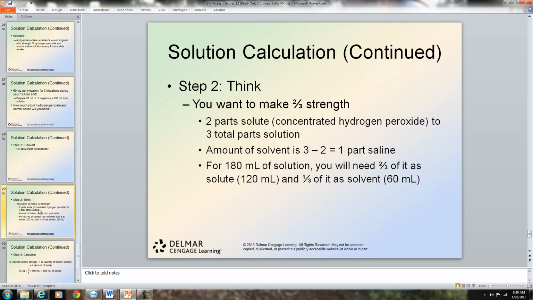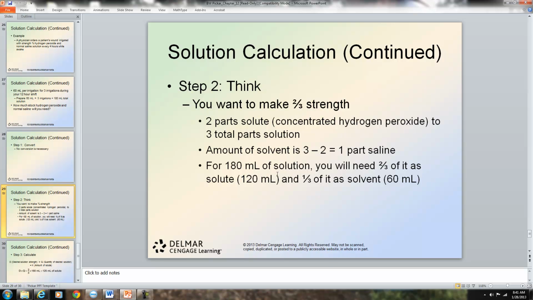So I need 2 parts solute and 1 part saline. Together, 2 plus 1 makes the denominator of 3, the total solution.